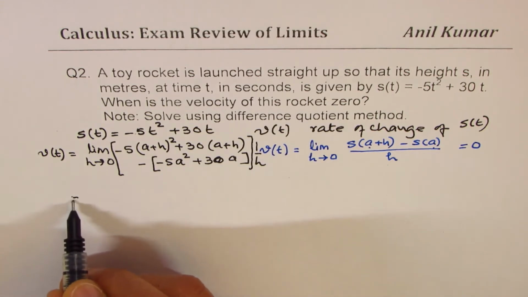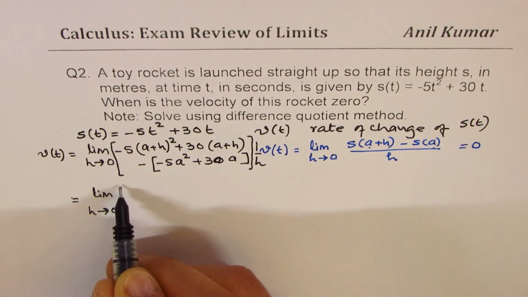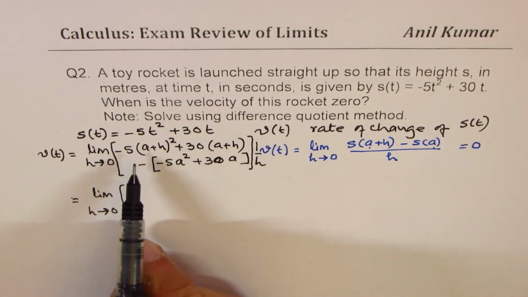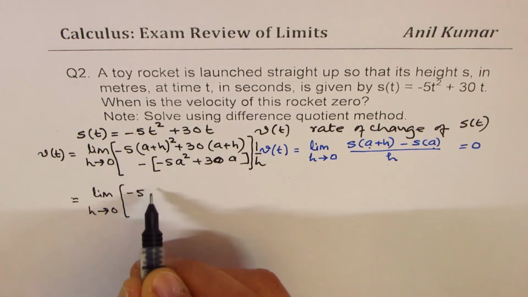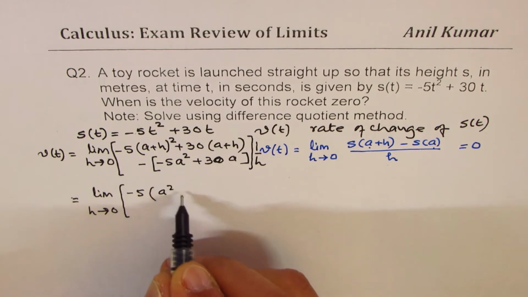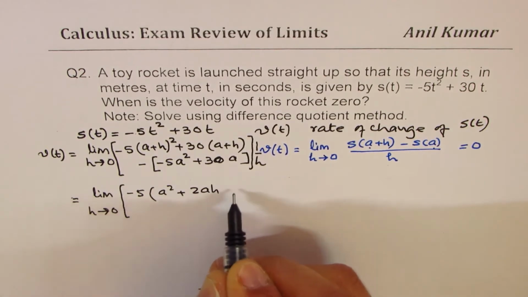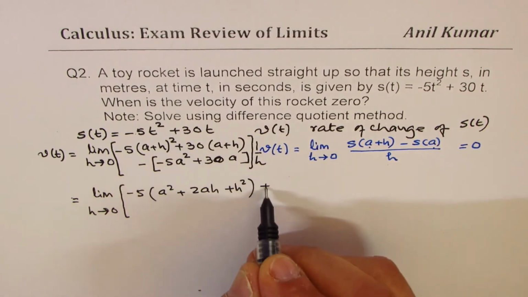Let me rewrite this. So what we have here is limit h approaches 0, and all this is in the numerator we have minus 5 times a plus h whole square. Let me expand this. So we get a square plus 2ah plus h square, right, plus 30h. Let's open this.